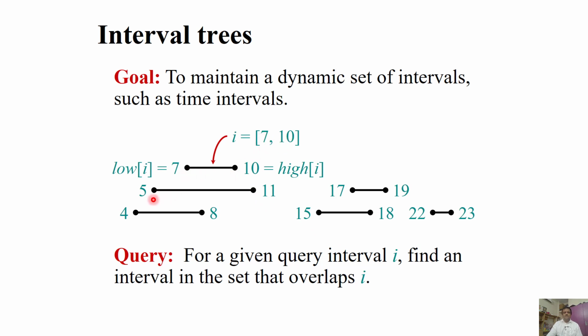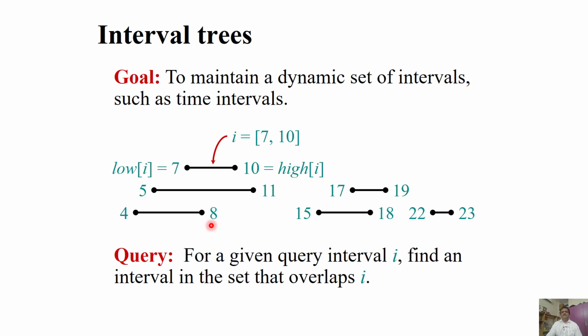Which are the intervals overlapping with 7 and 10? 5 and 11 is overlapping. Overlapping means the intersection is not null. So the interval 5 to 11 overlaps with 7 to 10, and we have to return one of them. Even 4 and 8 also overlap, so we can return any one. That is the problem.